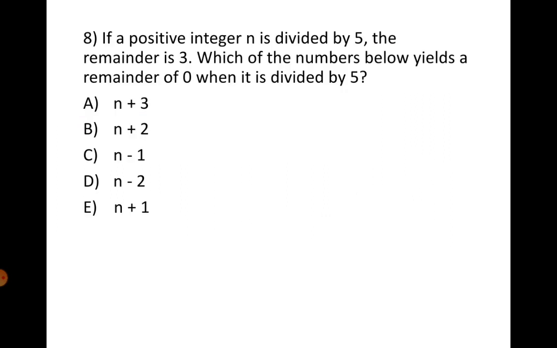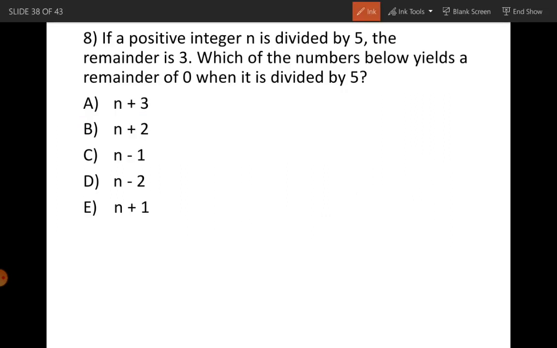And next is the eighth question. There is a positive integer n, and if n is divided by 5, the remainder is 3. Which of the numbers below yields a remainder of 0 when it is divided by 5?